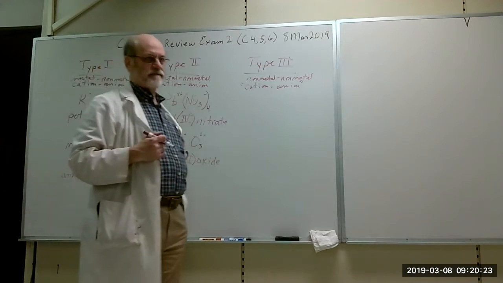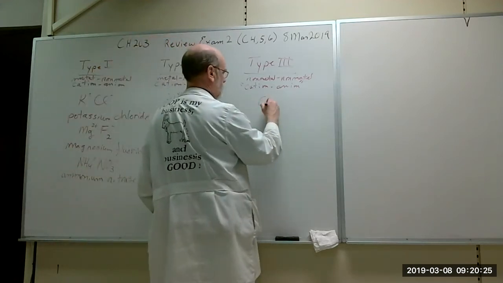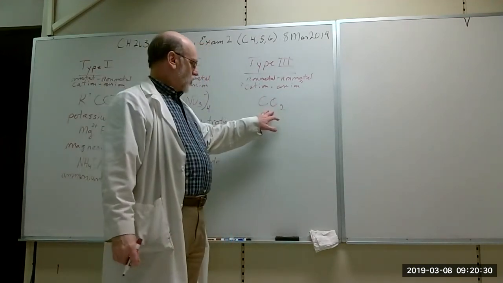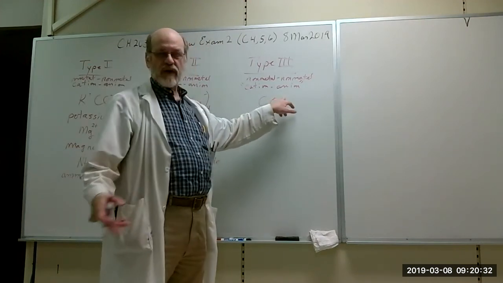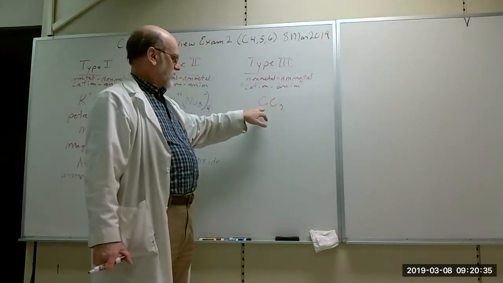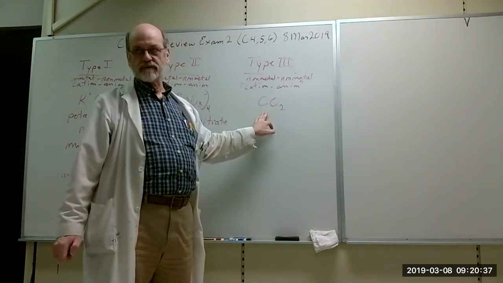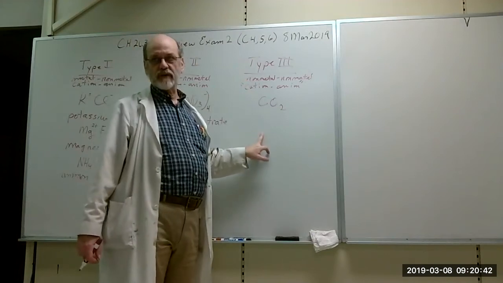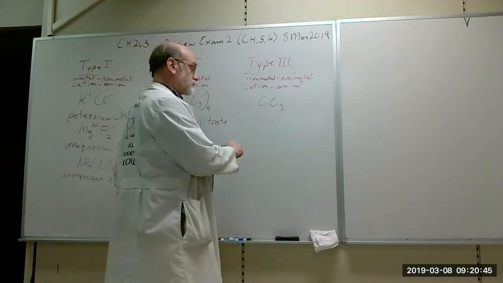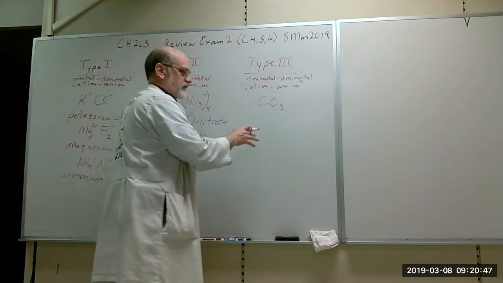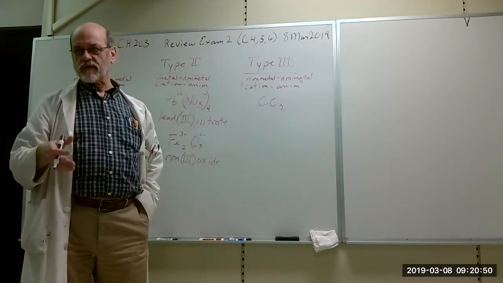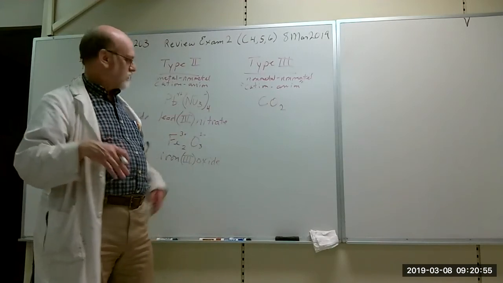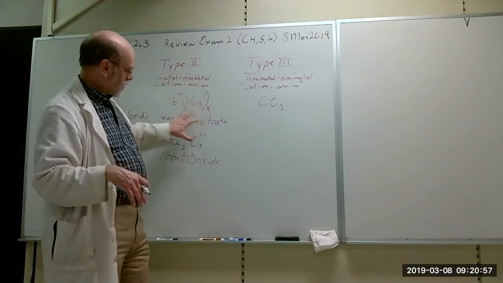Suppose we have this compound. We could say that oxygen has a 2 minus charge, but in this case, it doesn't have a charge because these are not ionic compounds. These are all covalently bound compounds. And when you name the type 3s, since we don't have a charge to work from, you just say how many of each one, building on this structure.